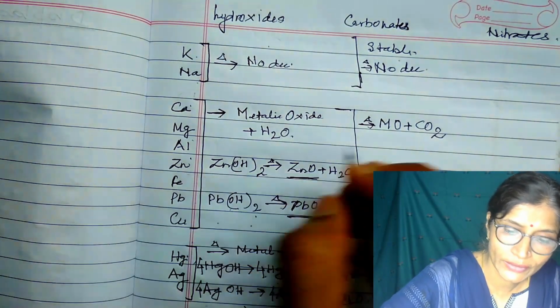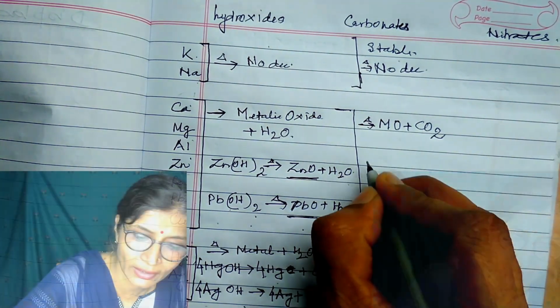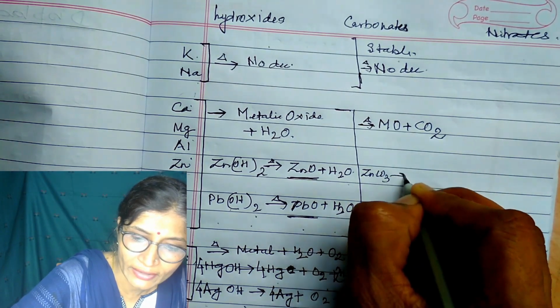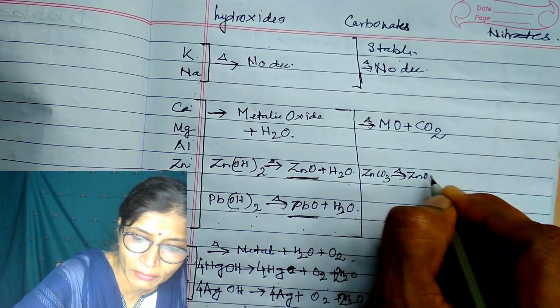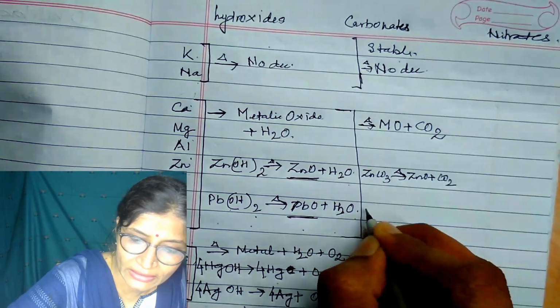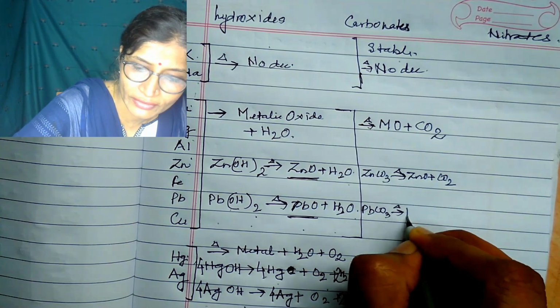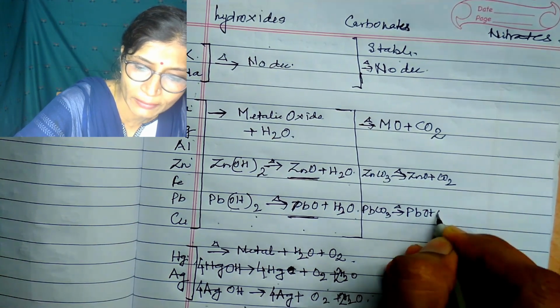So if I am thinking about zinc carbonate, ZnCO3, when it is heated, it will give zinc oxide plus carbon dioxide. Lead carbonate, PbCO3, when heated, will give yellow colored lead oxide plus carbon dioxide.